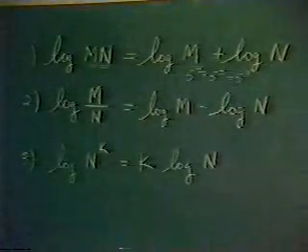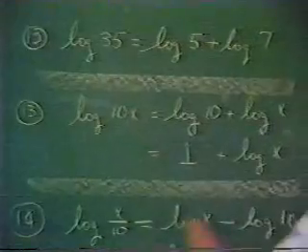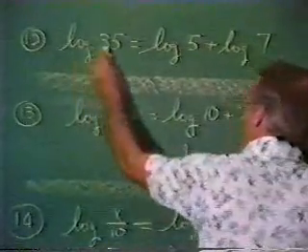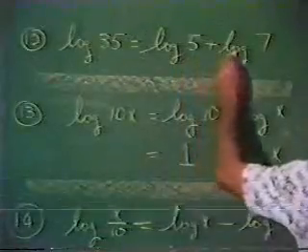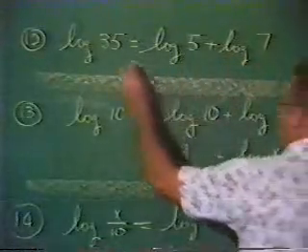All right, so let's look now at example 12. Example 12 says the log of 35 is equal to the log of 5 plus the log of 7. Now watch what's happening here. I must be able to break this up into a product. I cannot take the log of 37 because 37 you cannot find factors of.